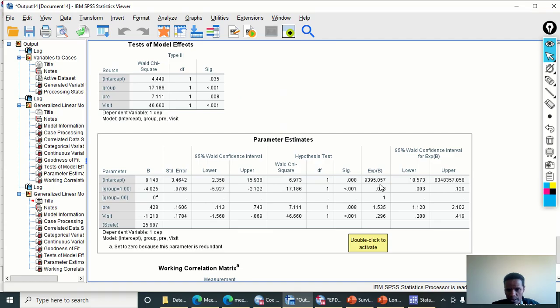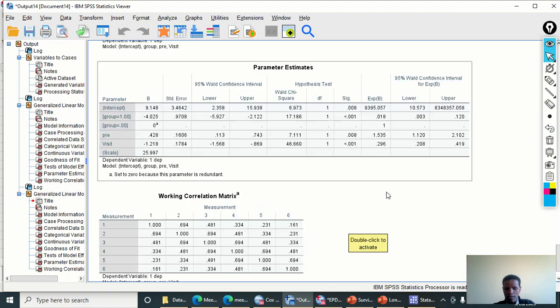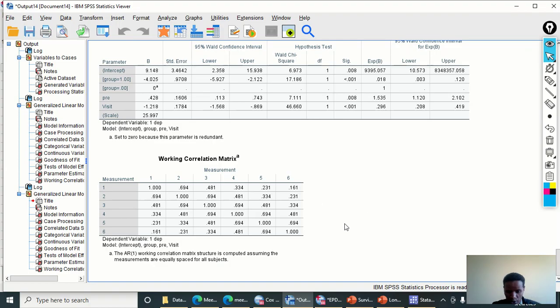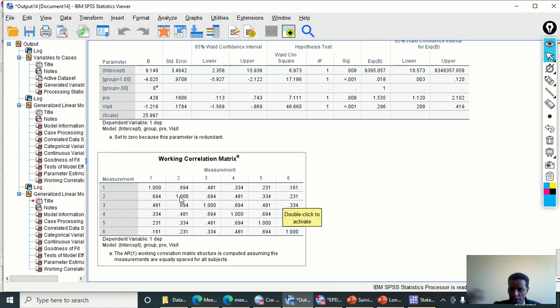But the parameter estimates will have p-values maybe similar to or different from the previous one. For the intercept, the group membership, the pre score, and the visit, all the p-values are given here. And the working correlation matrix, if you are interested, because it assumes that as time goes on, the correlation coefficient will decrease.